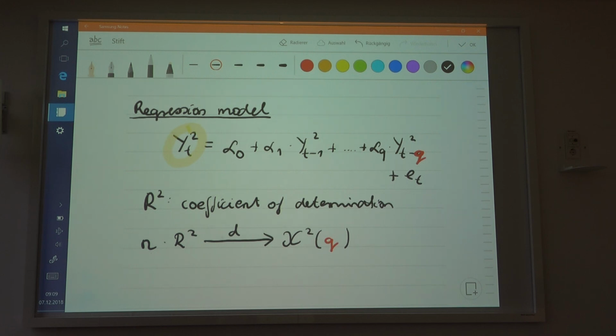Depending on the process, the sample size is again capital T. So you have y1, y2, y3, and so forth, up to y capital T. The sample has T observations.